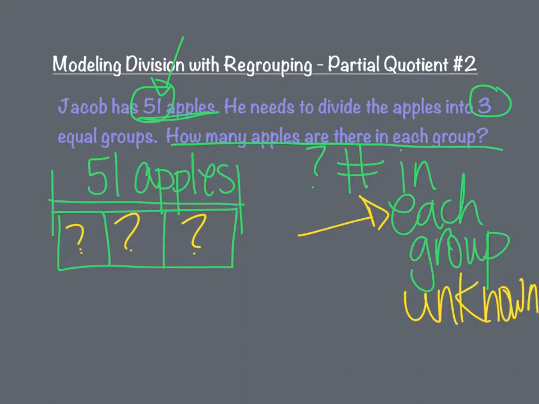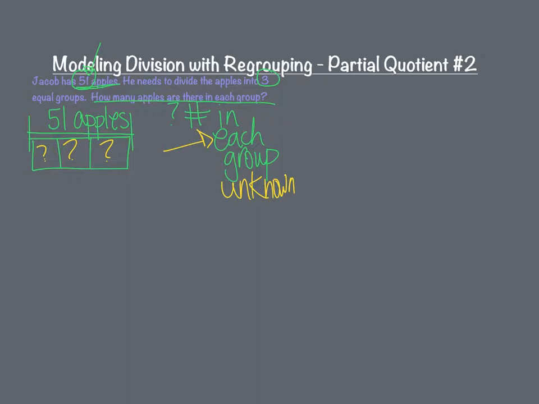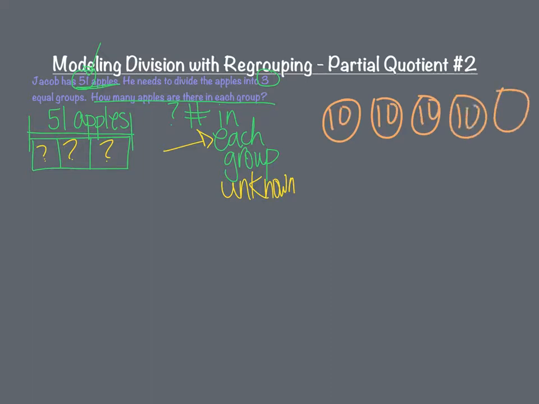So now I'm going to take what I know and build it into my model of division. In my model, I know that I have 51 apples. So I'm going to show that as 5 tens to represent the 50. And then I'm going to have 1 one to represent the 1 for 51.